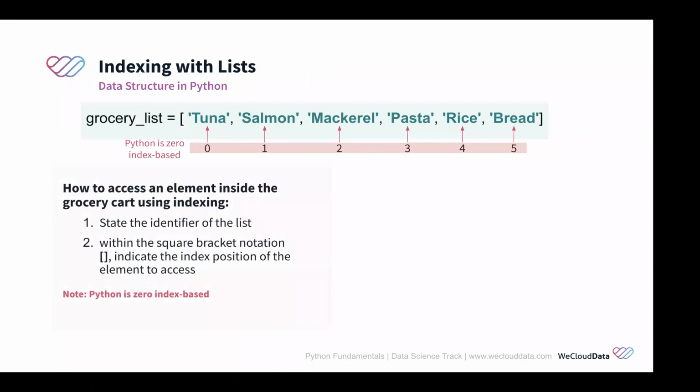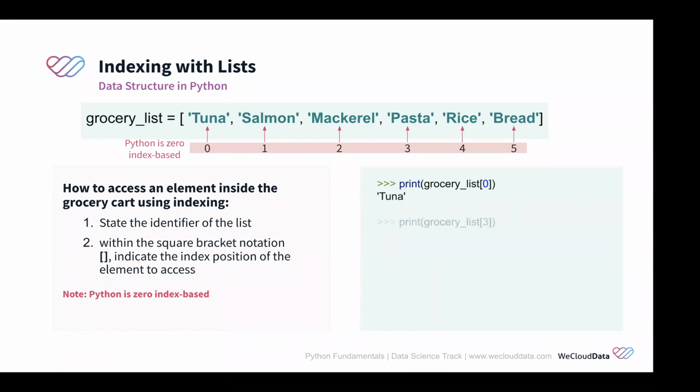So how do we access elements in a Python list? Let's say we would like to access the first element, then we have to use index 0. Because we create the list using the square bracket, when we access any elements in Python, we can use the square bracket as well. So grocery list bracket 0 is going to return tuna.